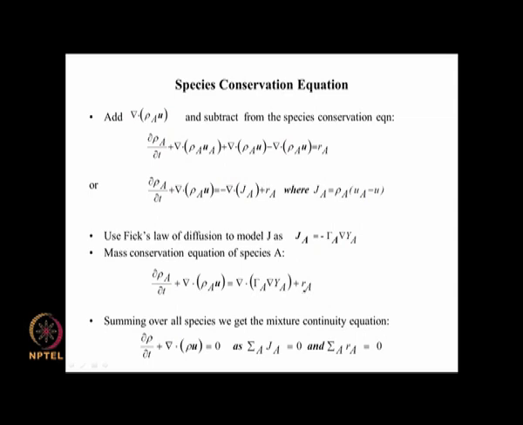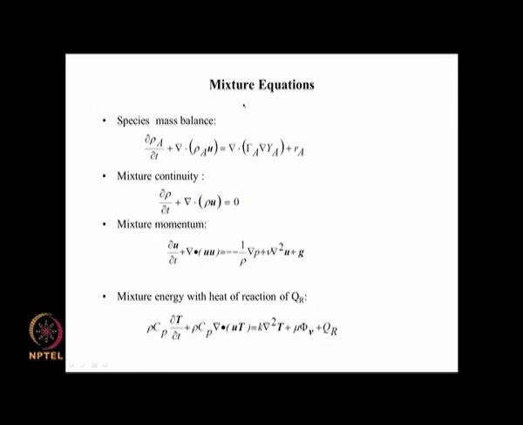Okay, so the overall mixture equations can now be represented like this: mixture continuity equation, mixture momentum equation, which will be very similar to what we had earlier, and then the mixture energy equation, which will have the usual terms: the advection term, the heat conduction term, and the viscous dissipation term.